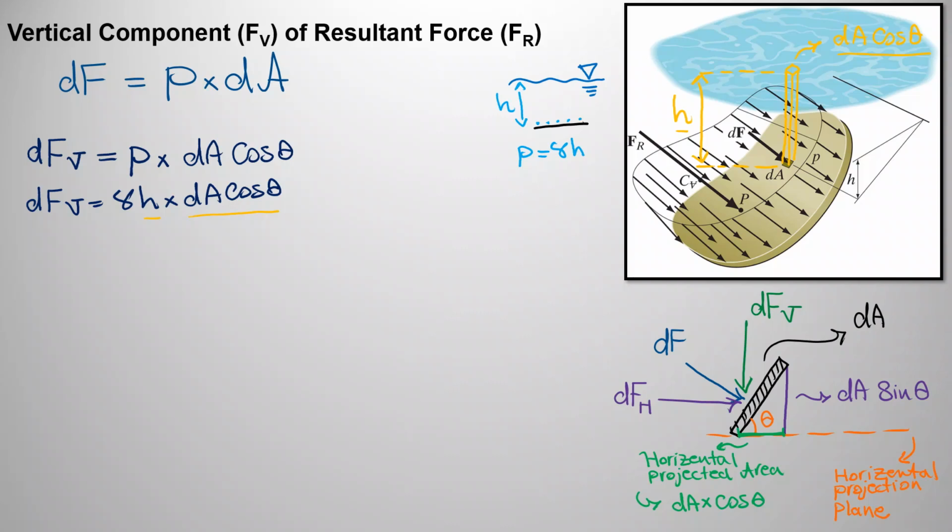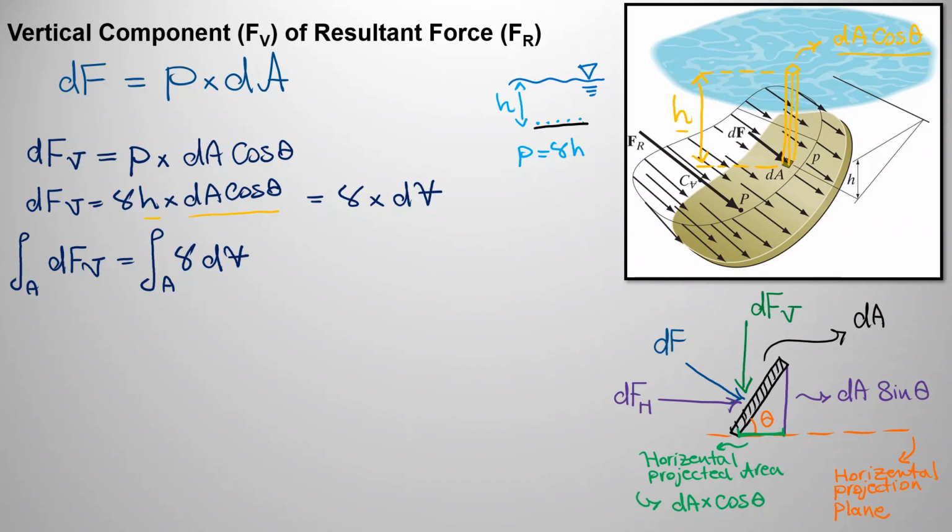So simply, I can write this equation as gamma times dV, which is the differential volume right above your teeny tiny patch, right? Great. Now I just need to integrate this equation. I'm going to integrate this equation over the area of the curved surface submerged underwater. It would be dFV equals integration over A of gamma times dV.